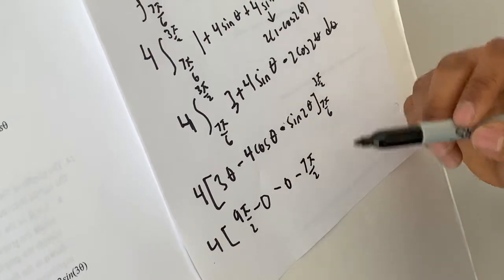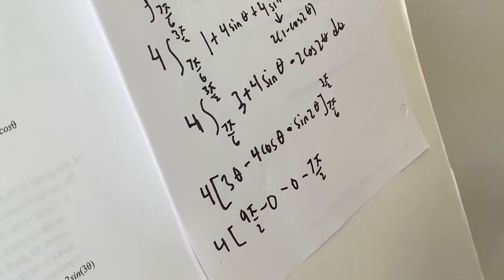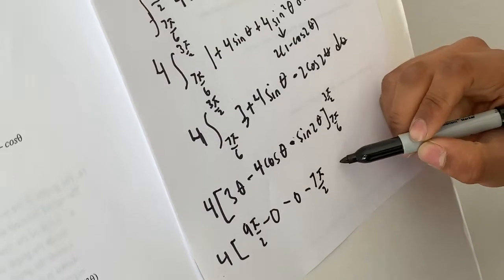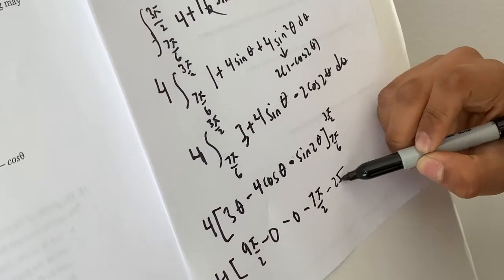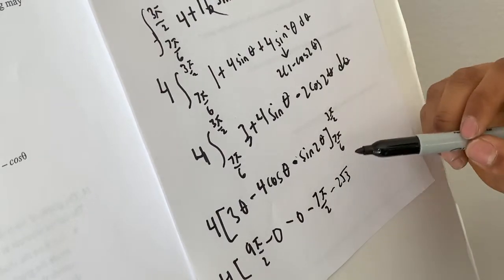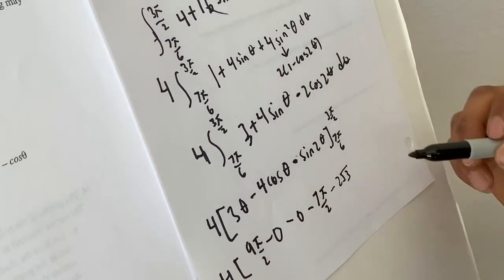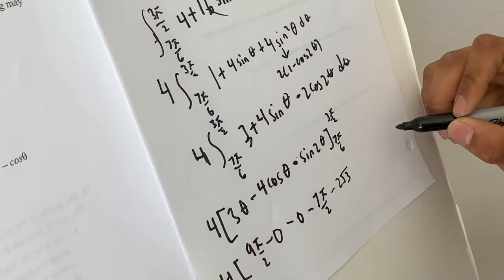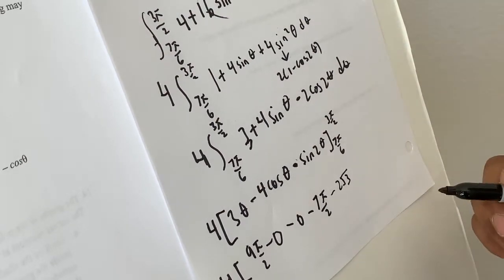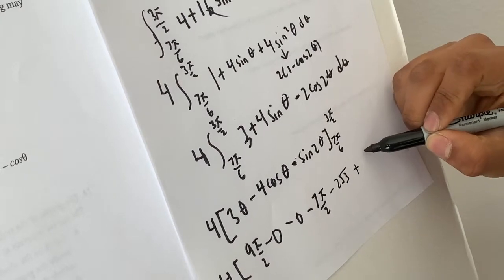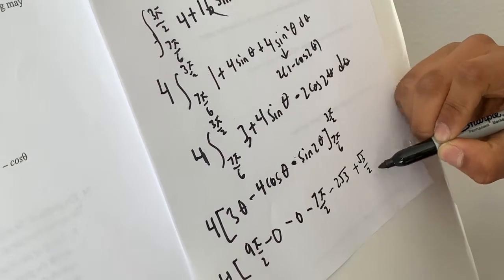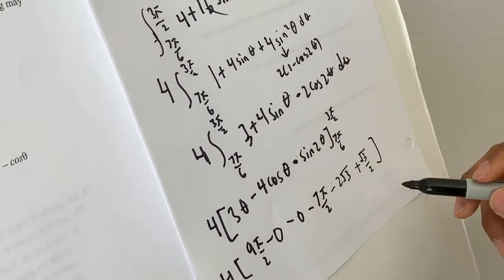Cosine of 7 pi over 6 is negative root 3 over 2, so it's going to be negative 2 root 3. Then, last thing, sine of 7 pi over 3, that's just going to be sine of pi over 3, which is equal to root 3 over 2. So, add root 3 over 2. And distribute this 4.